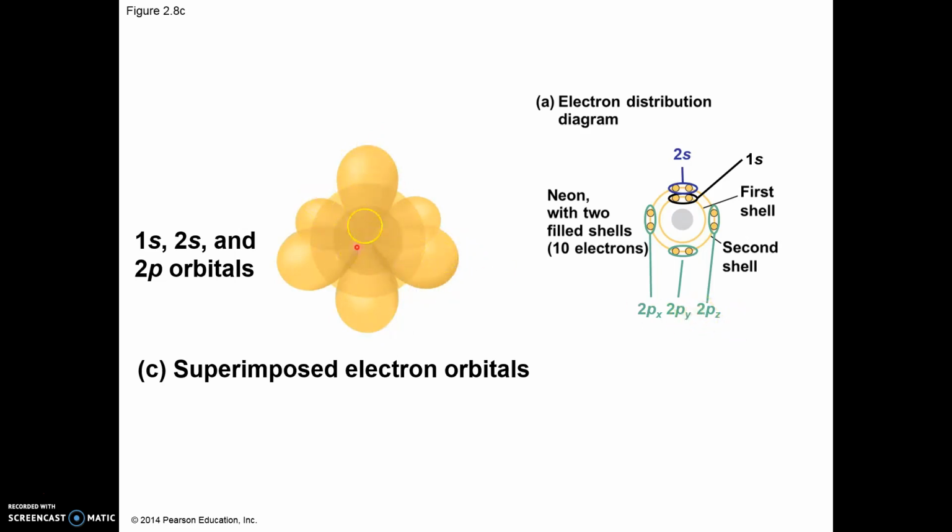Okay, so when we relate this orbital idea to this representation, we can say we can fit 2 in this first s, we can fit 2 in the second s, and then we can fit 2 into the p orbital on the x-axis, 2 in the p orbital on the y-axis, and 2 in the p orbital on the z-axis. Now, you might be asking yourself, well, why 2?